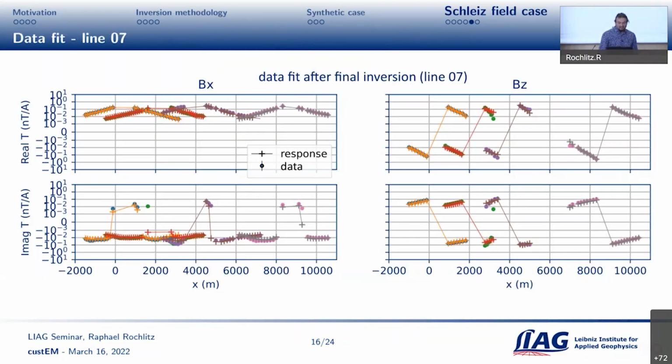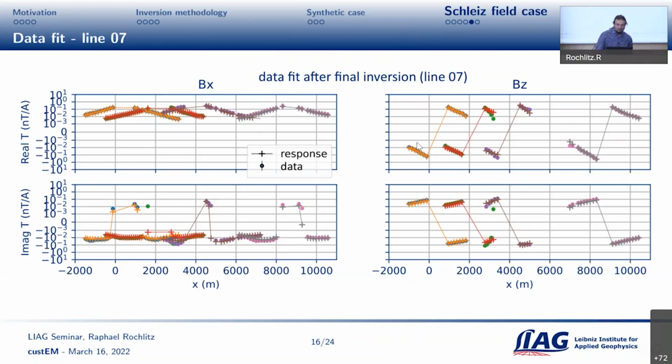And to show you that it is also reasonable, what I have shown you before: the conductivity distribution is reliable, I think, because we have a very good data fit. I have shown it here for the line 7. So this is again the profile in the center of our survey area, color coded.